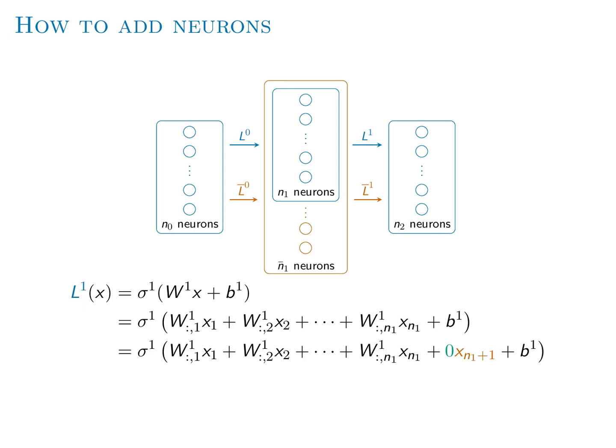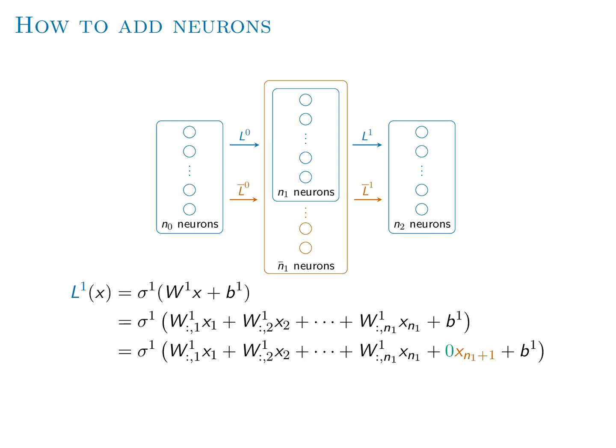And we conveniently write this matrix multiplication Wx by columns. So denoting by W[:,1] the first column, W[:,2] the second column, this matrix multiplication can be expressed as the sum of these columns multiplied by x1, x2, xn.